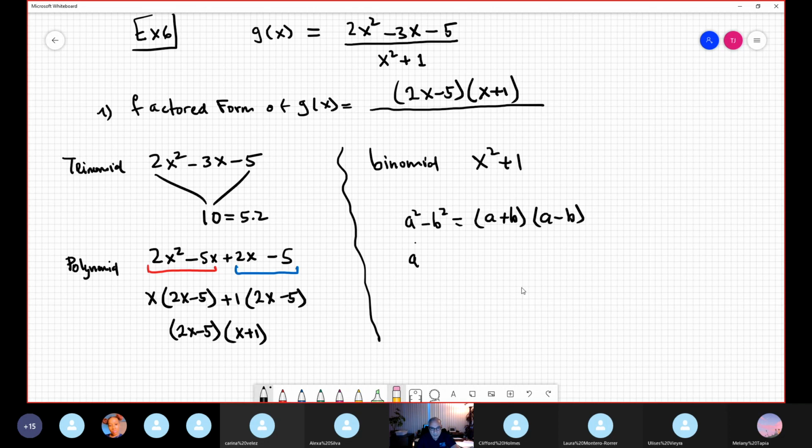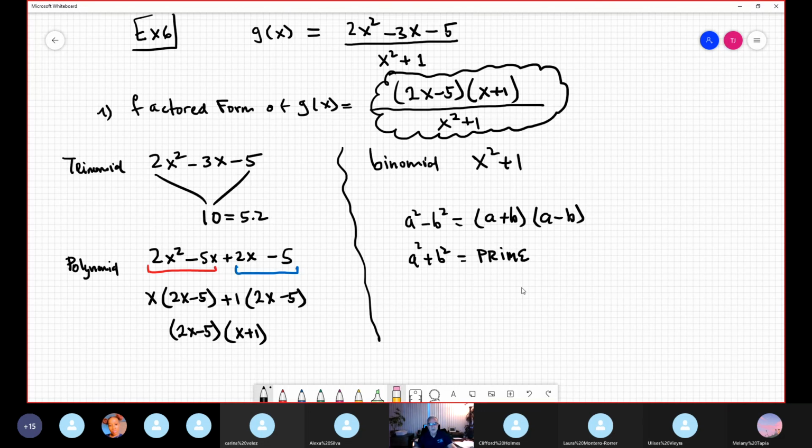But when it is a sum of squares, it's impossible to do anything. It's prime. Therefore, this expression is prime, and leave it like that. Boom, this is the factored form. The only possibility is the factorization of the trinomial on top. The factorization of the bottom is impossible. It's a prime expression.